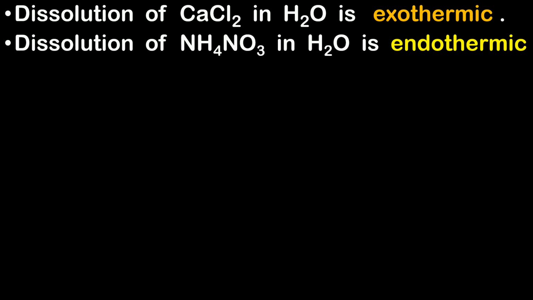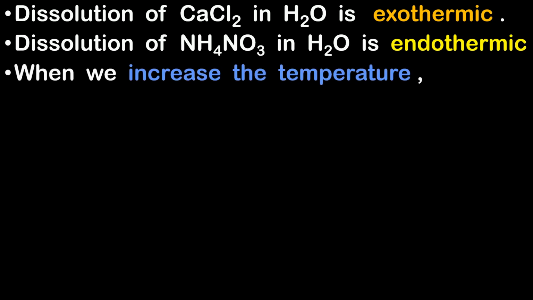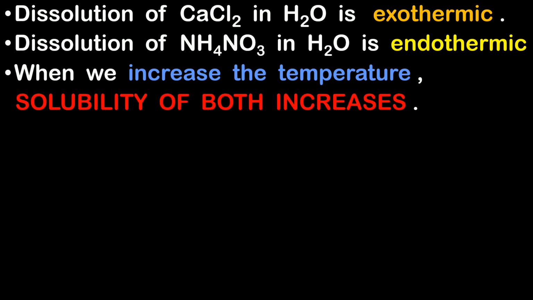So we expect that if we increase the temperature, then the dissolution of NH4NO3 will increase and the dissolution of CaCl2 in H2O will decrease. But in this case, the solubility of both increases.